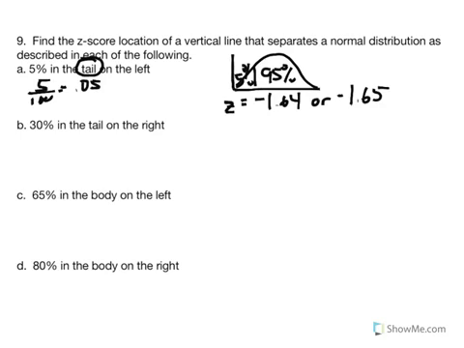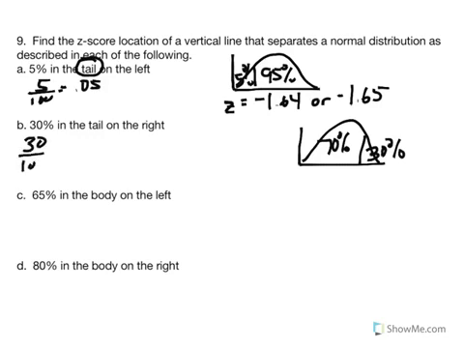All right, so the next one, we're going to partition off 30% in the tail to the right. So this would be 30% here in the tail, which leaves 70% in the body. Just as we did in the previous example, we're going to convert that 30% to a proportion.